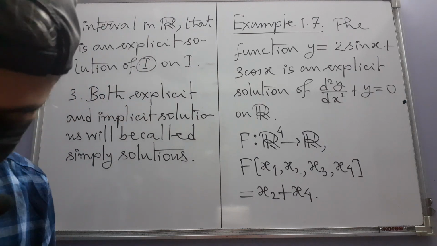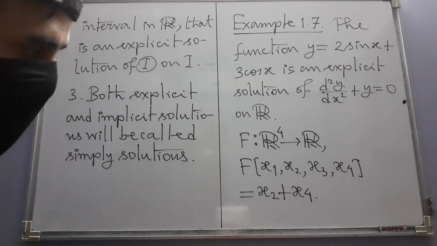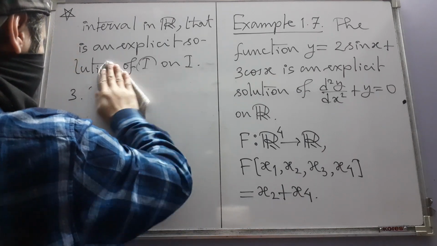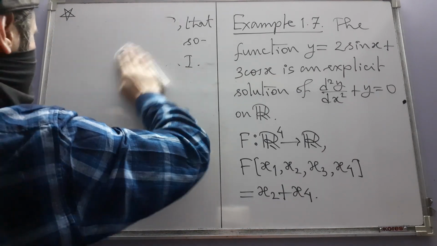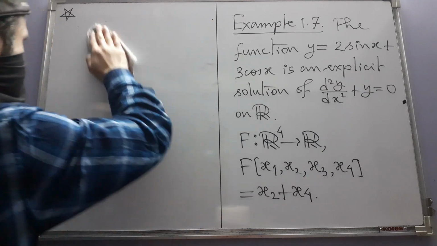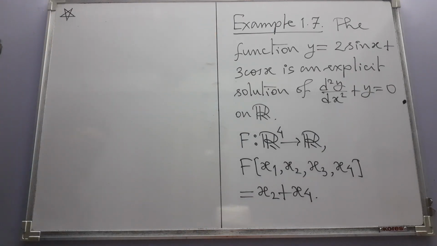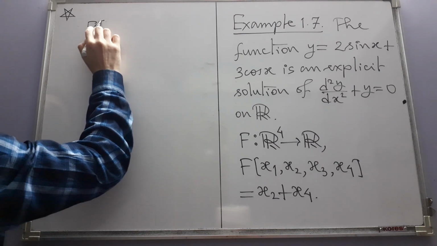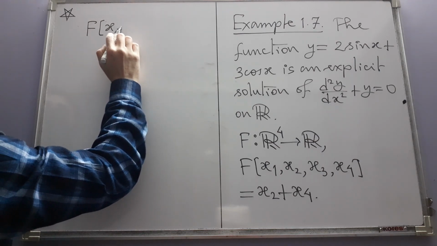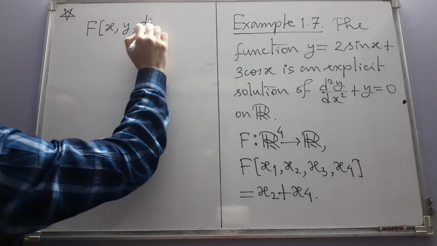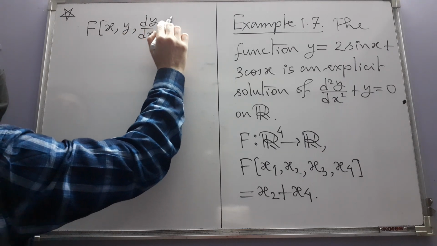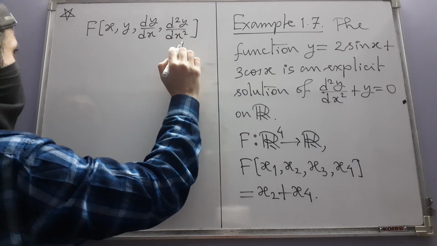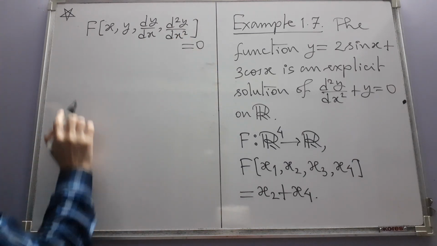So you can clearly see that if you do so, are you really getting our differential equation? What is this? What is F of x, y, dy dx and d squared y dx squared equal to 0?